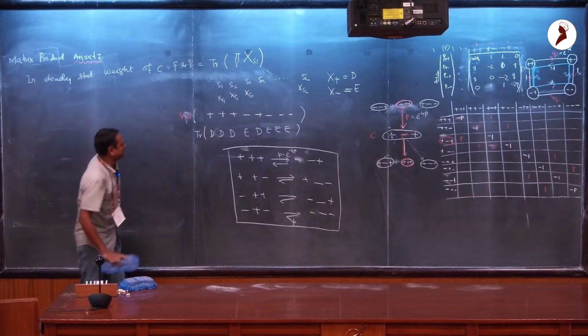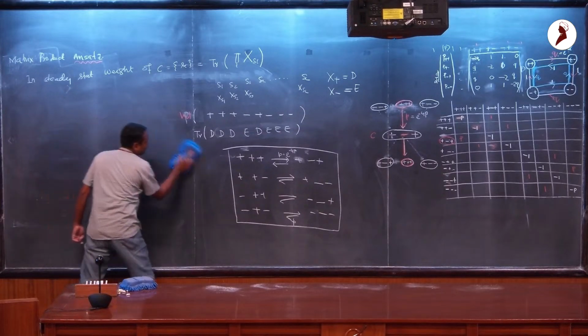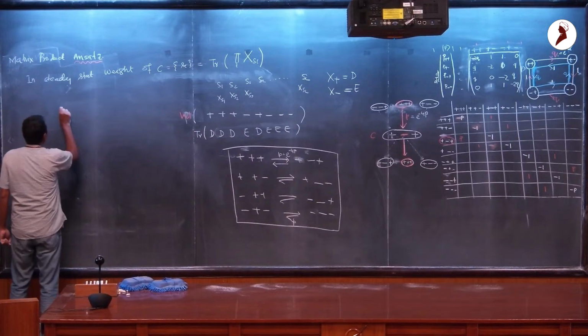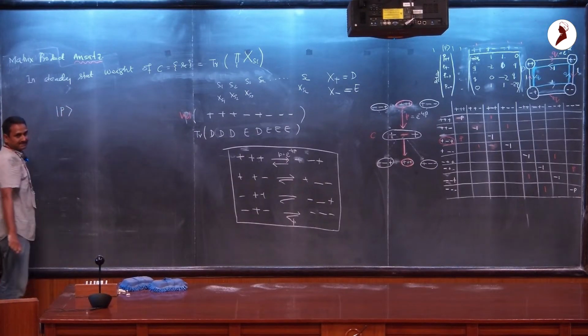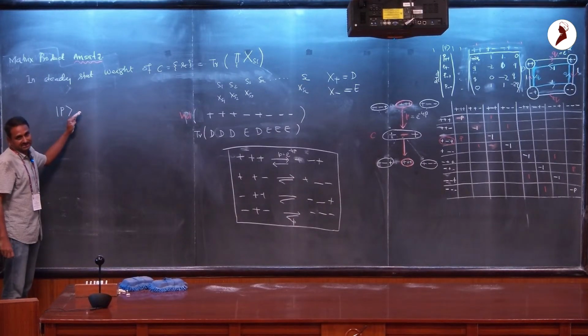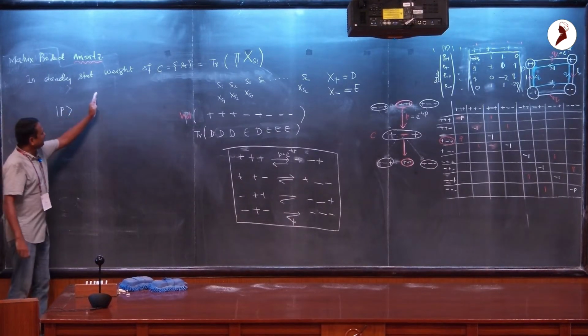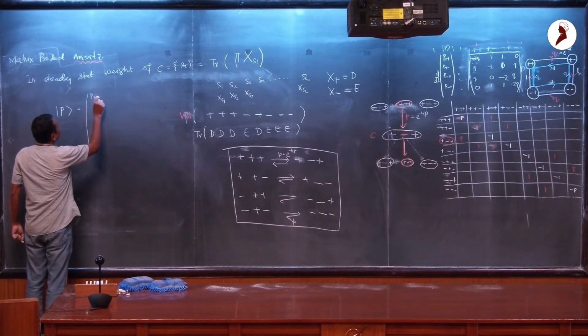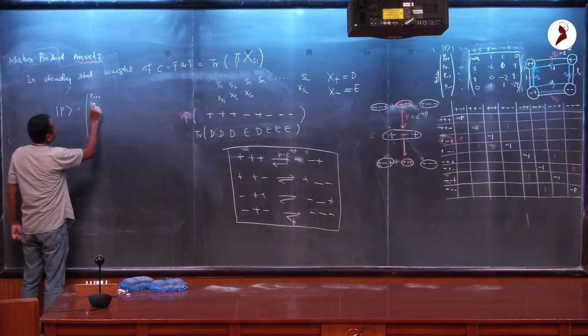Wait. Okay? So what we do now is, what is your probability? Your probability vector at any point, the steady state probability, that's a state, I'm only talking of a steady state probability or steady state weight, right? So that's a vector. So I should write this equal to P plus, P plus minus, like that.